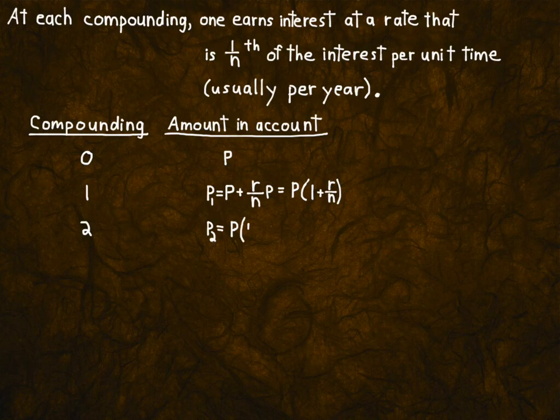What happens after 2 compoundings? Well, after 2 compoundings, you take, this is from the previous line, so this is the principal P1, and you're going to add the interest rate times P1. That's what this says.